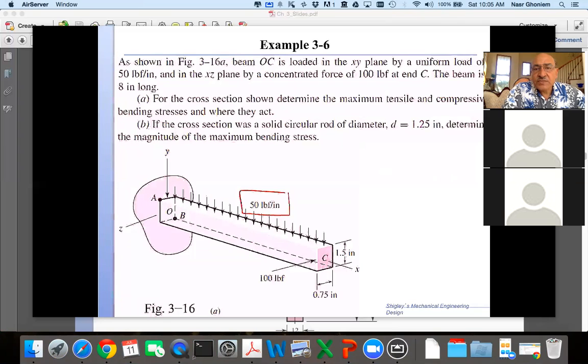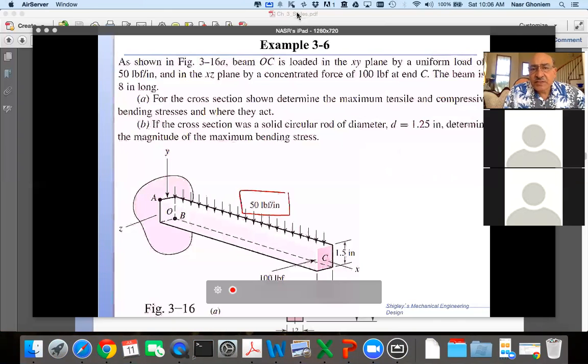In order to find the total force, we have to integrate that load. And then we have a concentrated force of 100 pound-force at the tip C. These are the two sources that we need to deal with.